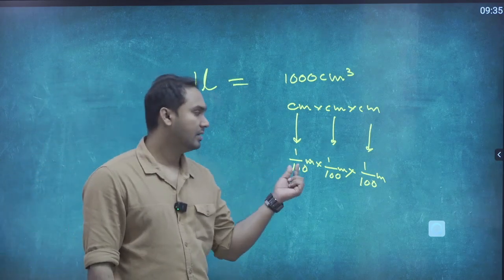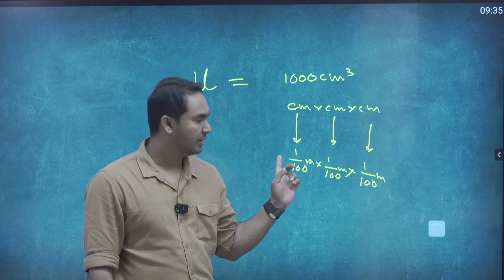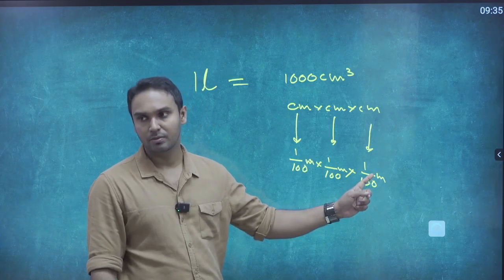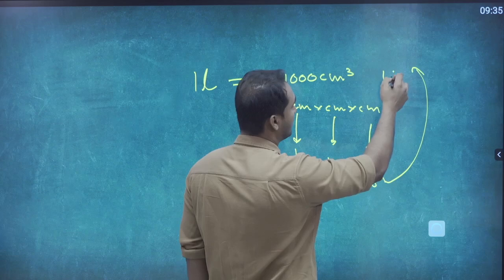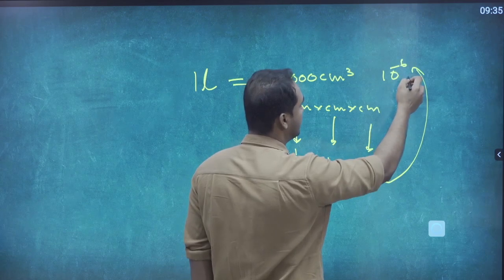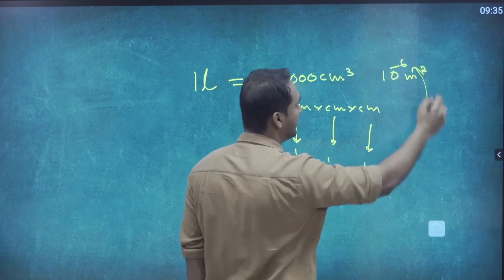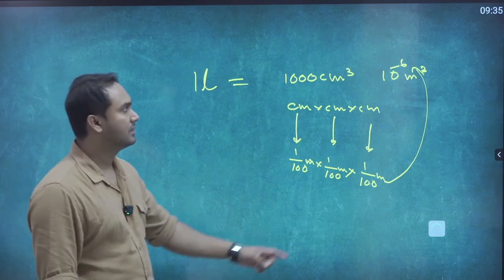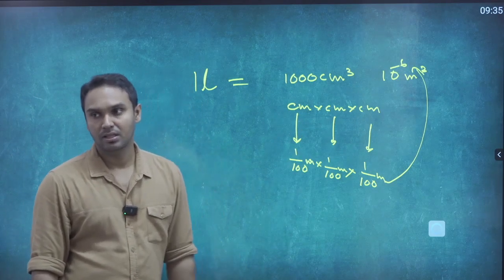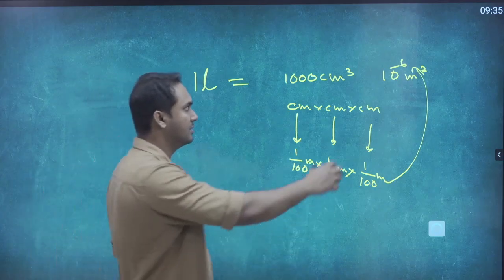So 1 over 100 is 10 to the power minus 2, and that cubed is 10 to the power minus 6 cubic meters. So 1 liter is 10 to the power minus 6 into 1000. Now we have to multiply this by 1000.